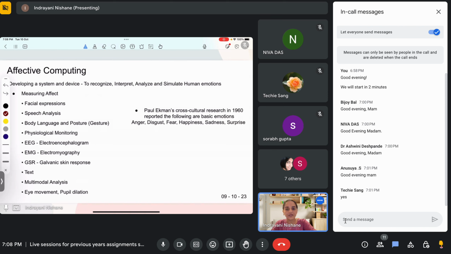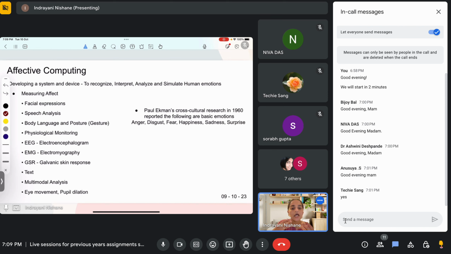Mostly the simulation of those human emotions is discussed with respect to computer-based learning environments, where there are no humans involved in the teaching process. At that time there are learning agents. These agents can then simulate the emotion which a learner is going through at a particular point.